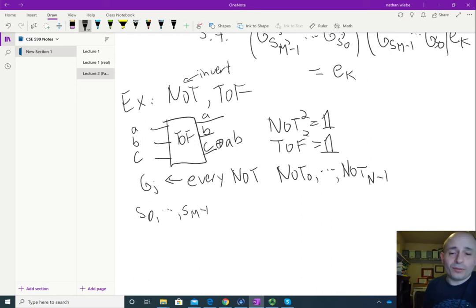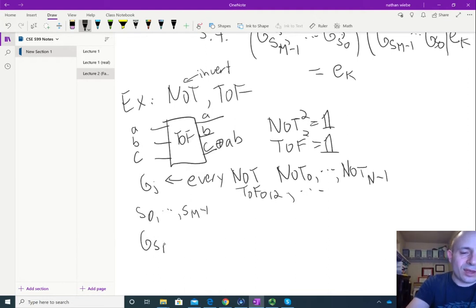These are going to be sequences of different indices for these NOT gates, as well as Toffoli gates, which now might be of the form, for example, Toffoli acting on 0, 1, 2, 3, so on and so forth, all the way down. Okay, so we've got some sequence on an indexing of all of these gates in our gate set. And so what we have is that G_{S_{M-1}} over here, down to G_{S_0}, would be the sequence of gates that we are actually implementing that are indexed by this over here.